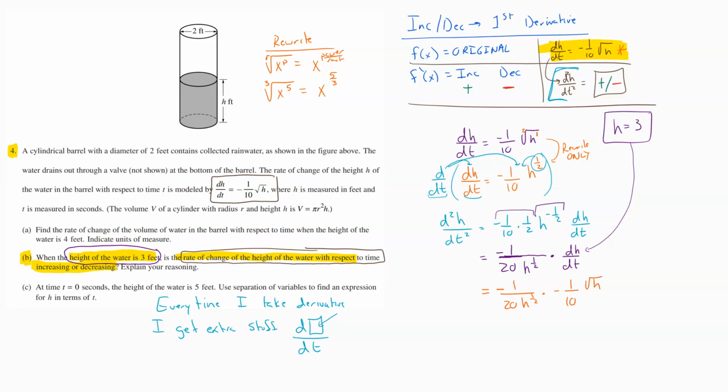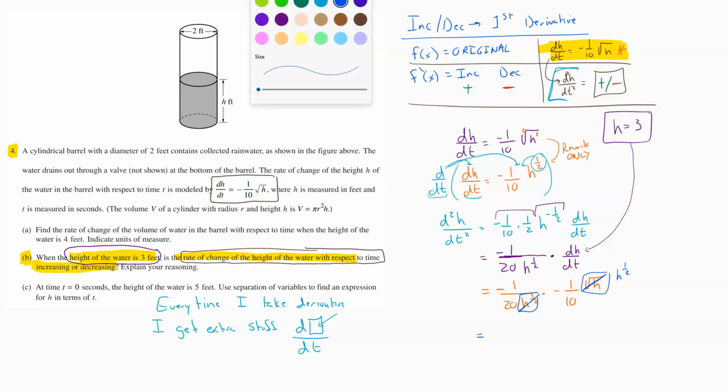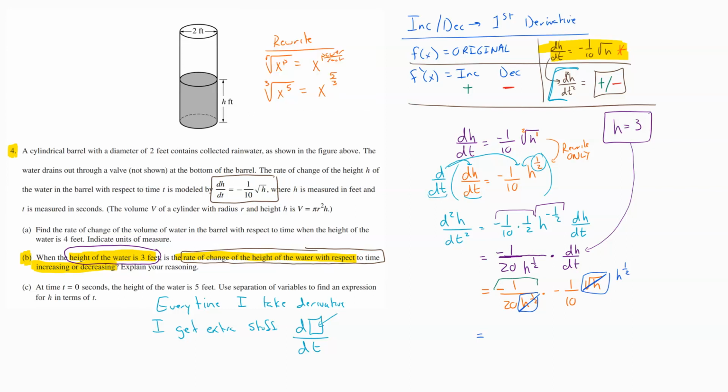One of the quick things you can do here is you'll notice that this is h to the 1/2, which is the same as this. So I actually can save myself the time of having to plug in because I'm multiplying, those two things will cancel. And now I'm just looking at a little bit of multiplication. I get negative 1/20 times negative 1/10. So out of there, I'm going to get a positive 1 over 200.